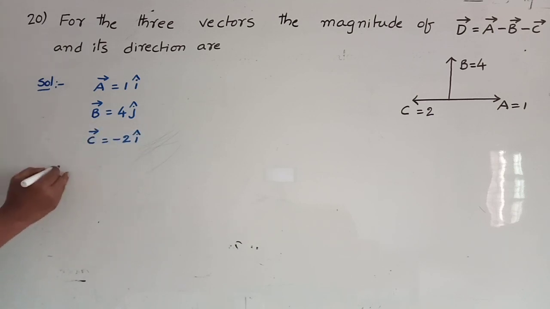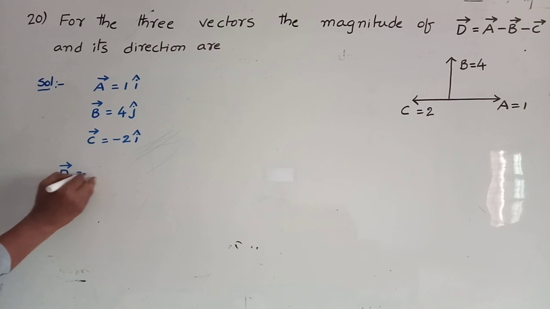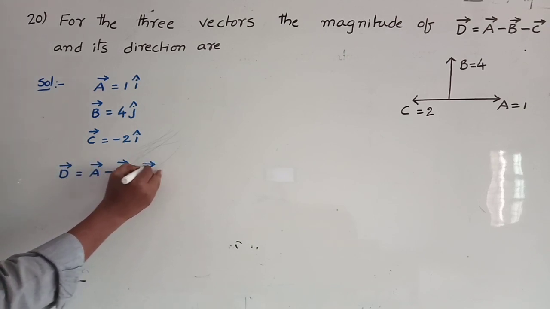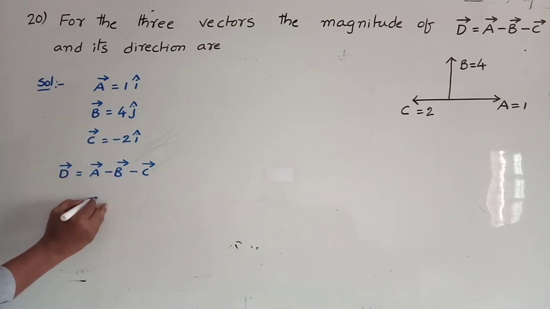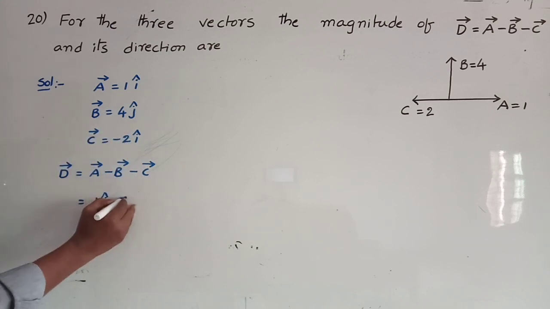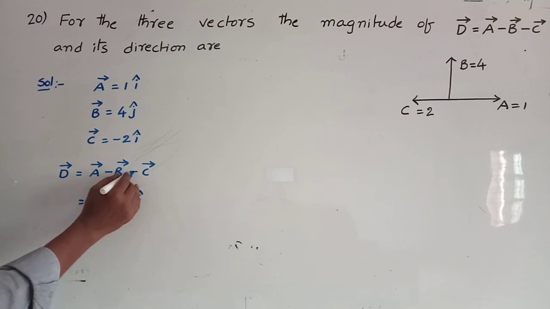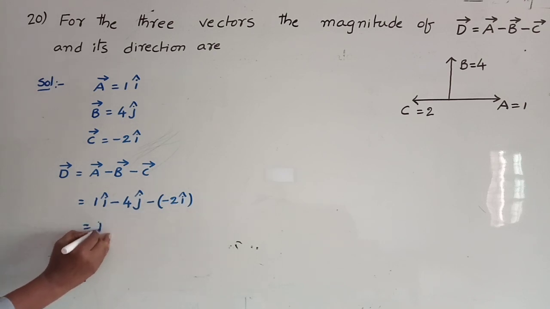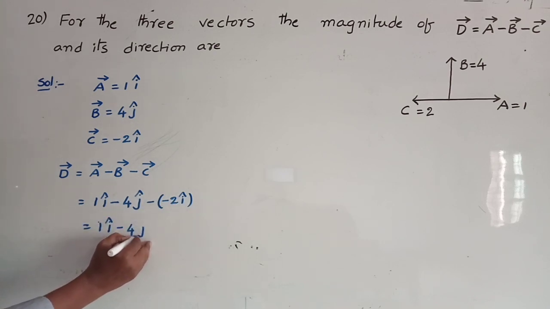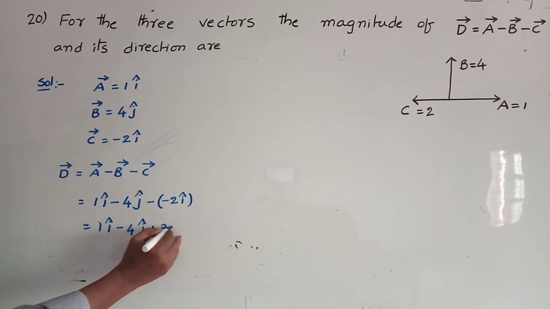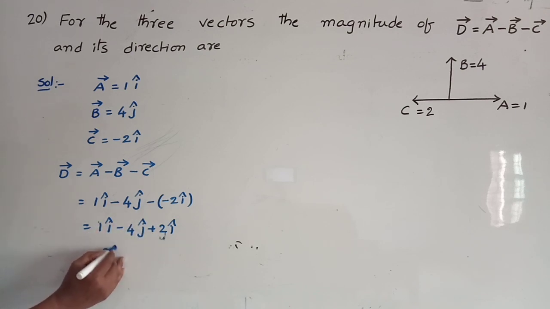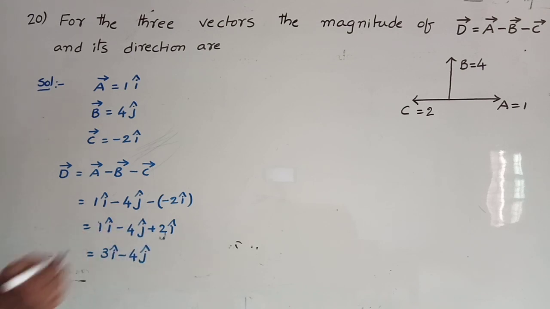But the given d bar is equal to a bar minus b bar minus c bar. Substitute here, a bar is equal to 1 i cap, b bar is equal to 4 j cap, c bar is minus 2 i cap. So 1 i cap minus 4 j cap minus of minus, plus 2 i cap will come. Finally we get 2 plus 1, 3 i cap minus 4 j cap.